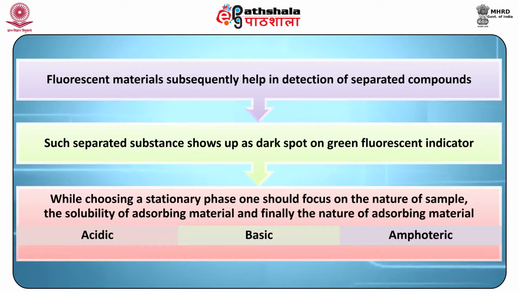Such separated substances show up as dark spots on the green fluorescent indicator. While choosing a stationary phase, one would focus on the nature of the sample, the solubility of the adsorbing material, and finally the nature of the adsorbing material, such as acidic, basic or amphoteric.